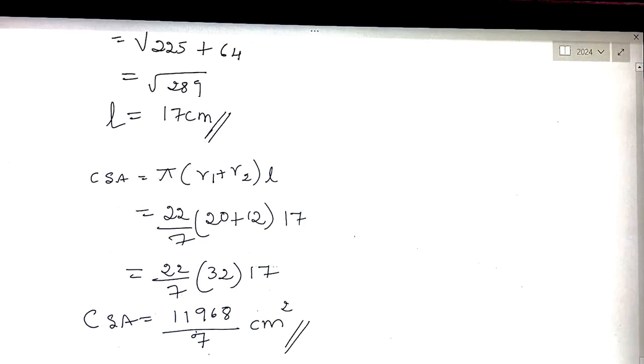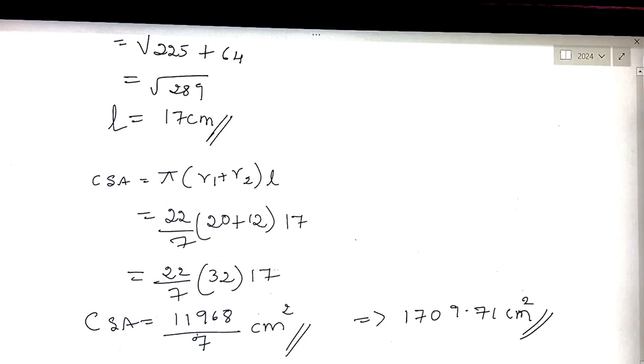Okay, either you can write this much or you can further simplify, further divide it with 7. So while dividing this number with 7, you get 1709.71 cm square. Okay, you can write this as well. So this is about the 37th question. So this will sum up the 4 marks questions.